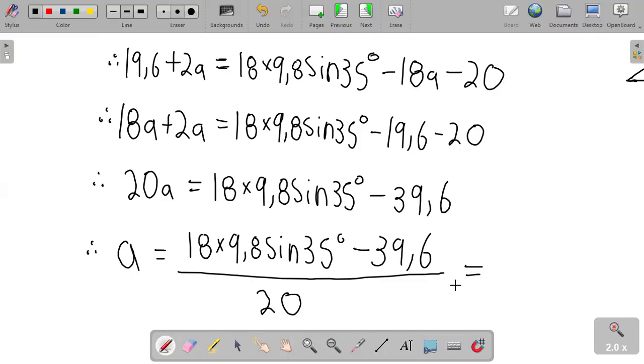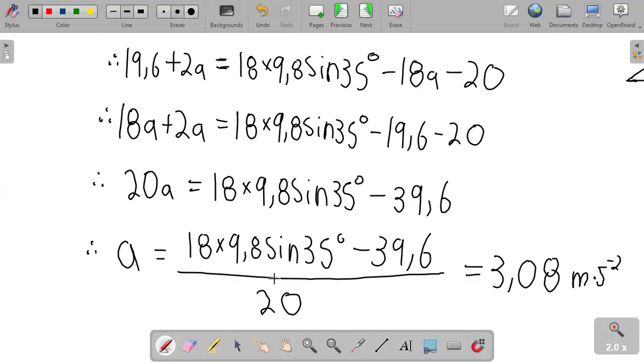We get the acceleration. So we can use a calculator here to get the answer. We type the whole thing into the calculator. Then I get, to 2 decimal places, 3.08 meters per second square.